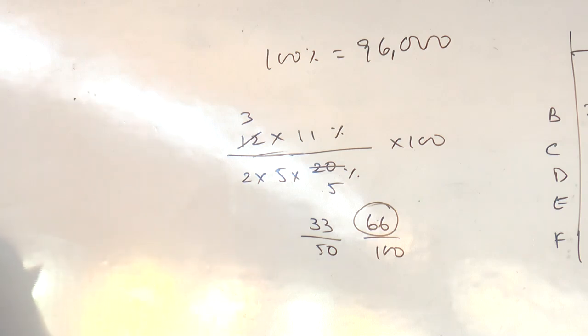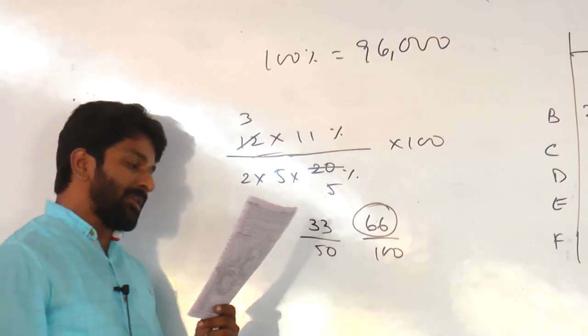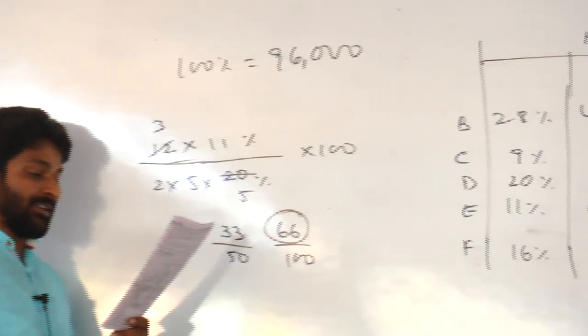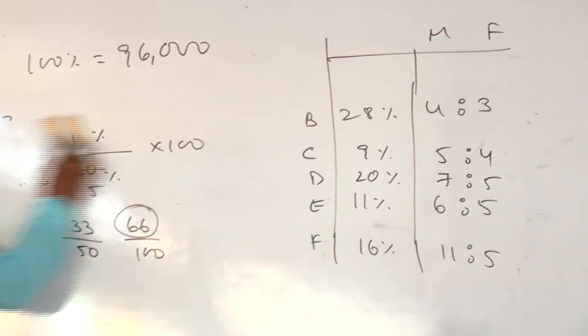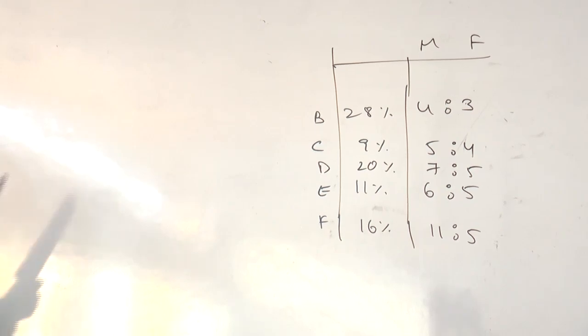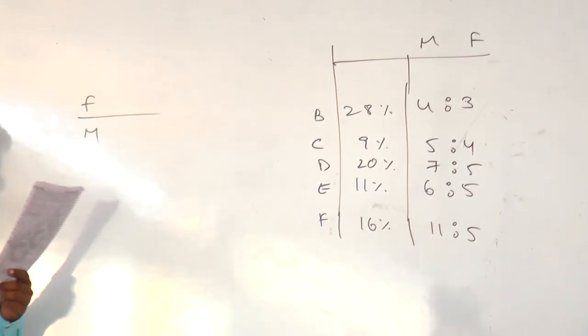What is the respective ratio between total number of female management students in cities B and C together and total number of male management students in cities A and F together? You are asked about ratio. Ratio of what? Female to male.